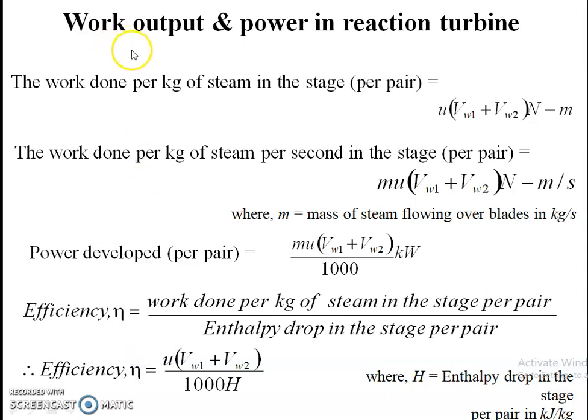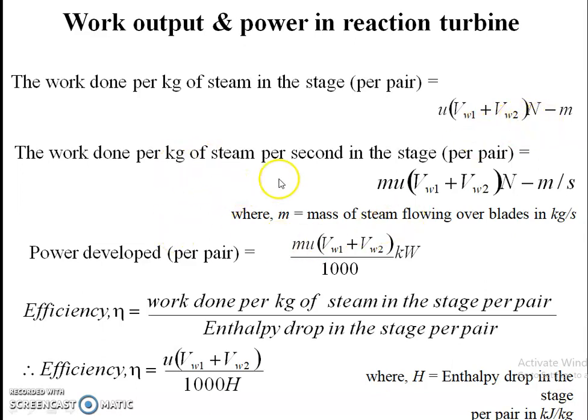In the next slide, we discuss the impulse turbine I told about previously. We should find the power output, work done, blade efficiency or stage efficiency. The work done per kg of steam is U into VW1 plus VW2 Newton meter.